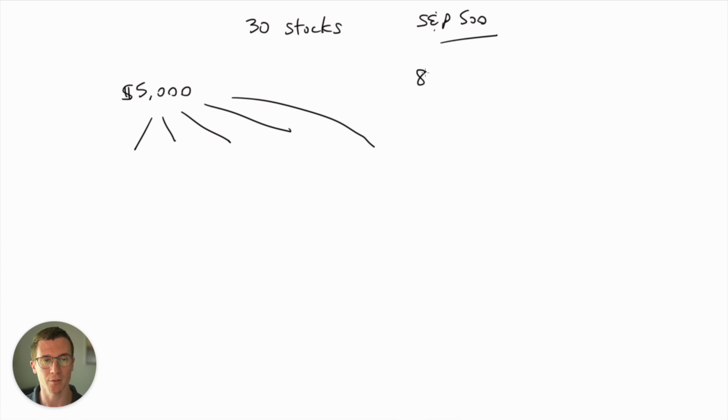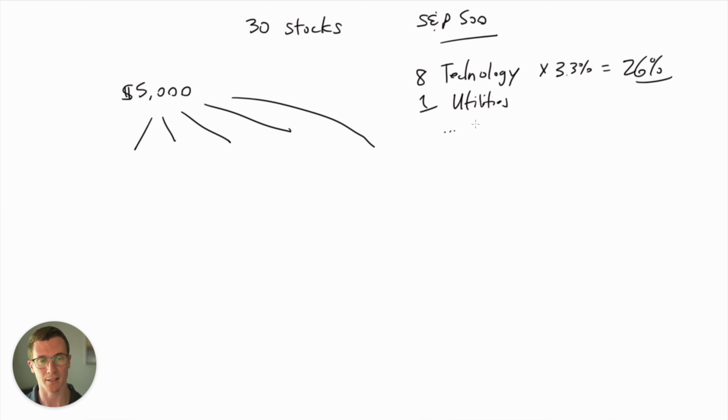So for example, there were 8 technology stocks in each of these portfolios, and 30 stocks equal weighted would be 3.3% in each stock, or roughly 26%. Which at the time was about the weighting of technology in the S&P 500. I did the same for other sectors. So for example, utilities is a pretty small sector, so I only had one utility in each of these 5 portfolios, and so on for each of the 11 GICS sectors.